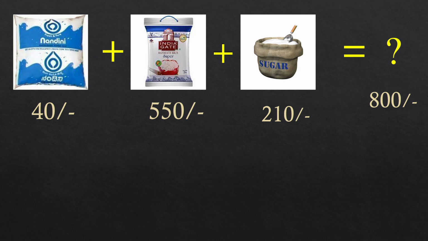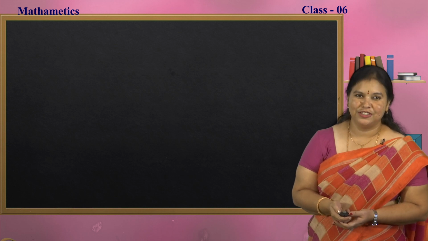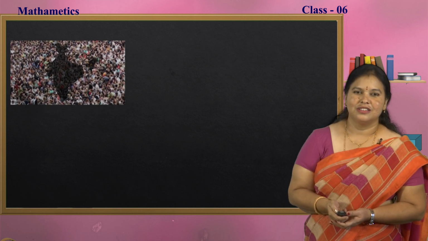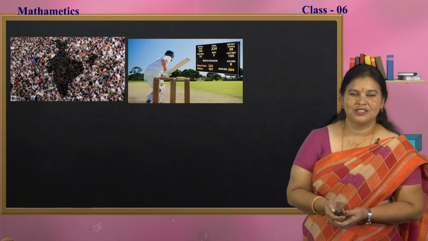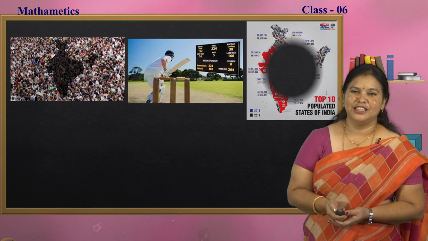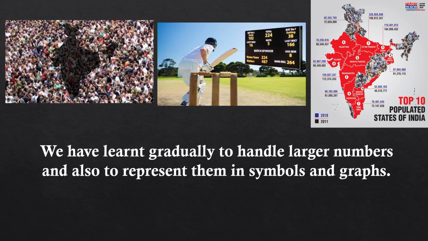Like this, we are using numbers in different ways also, like counting population or counting scores. Like this, we can use numbers in different ways and in different situations. So, we have learnt gradually to handle larger numbers and also to represent them in symbols and graphs.